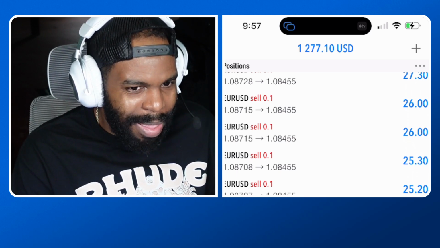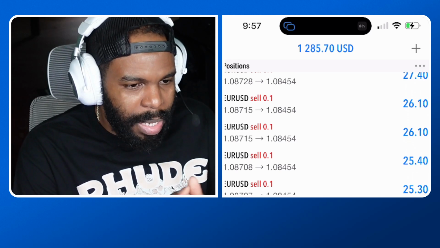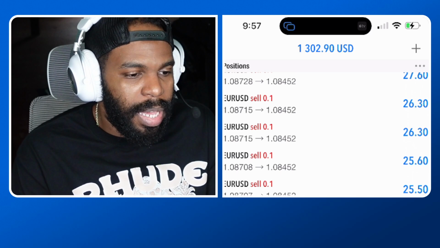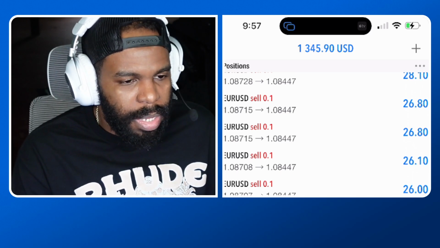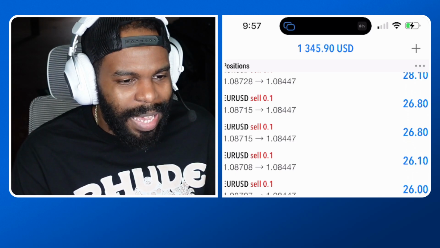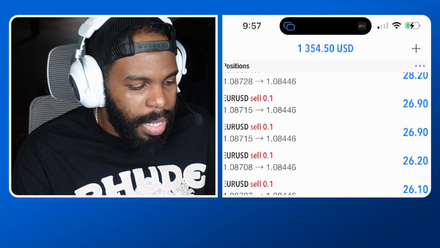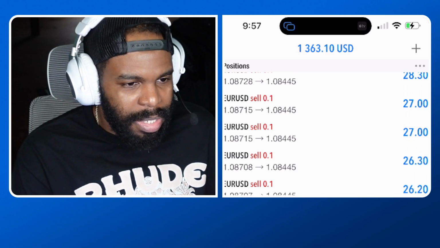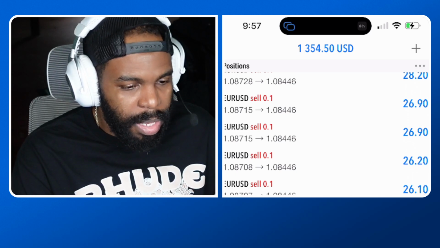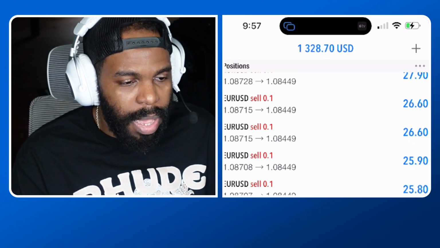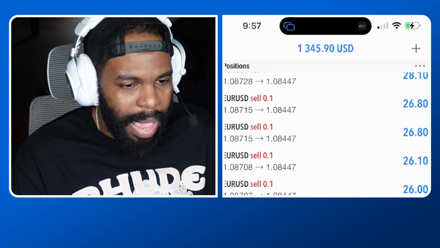I do my technical analysis, and then I put the EA on the pair that I did my technical analysis on. The EA will only get in buys or sells. Since I'm in a sell right now on Euro USD, that means every 5 minute bearish candle that closes, I will get in two trades at a time.